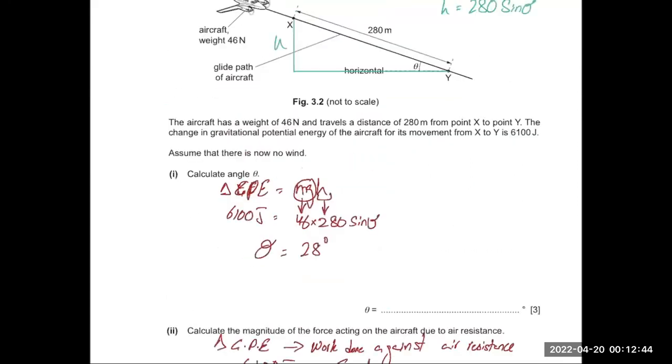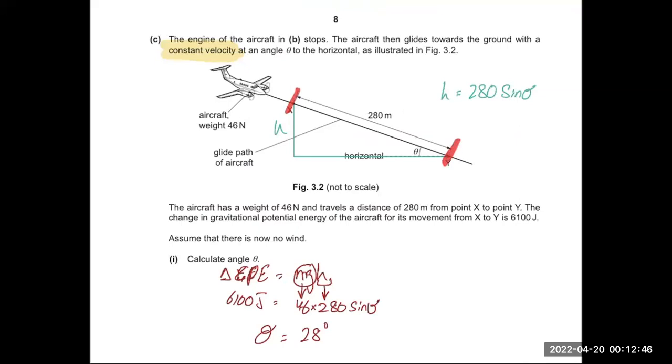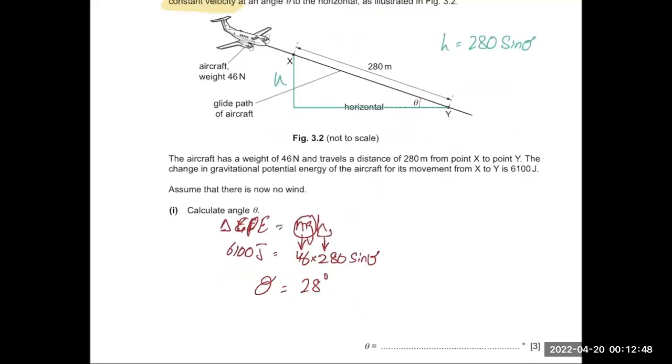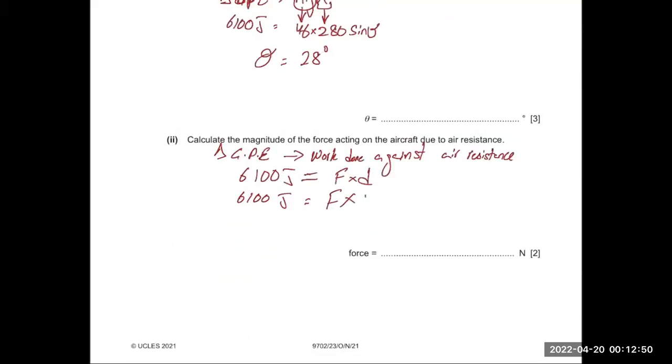And the distance moved in this direction is 280 meters. So F is equals to 6,100 divided by 280, which gives us a value of 22 newtons rounded off to two significant figures.